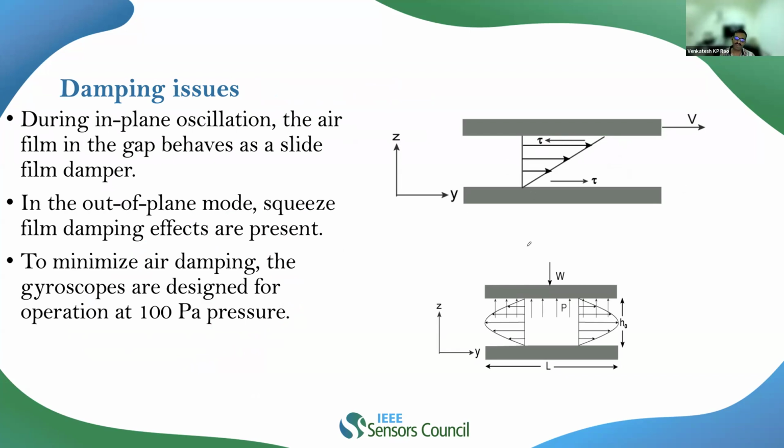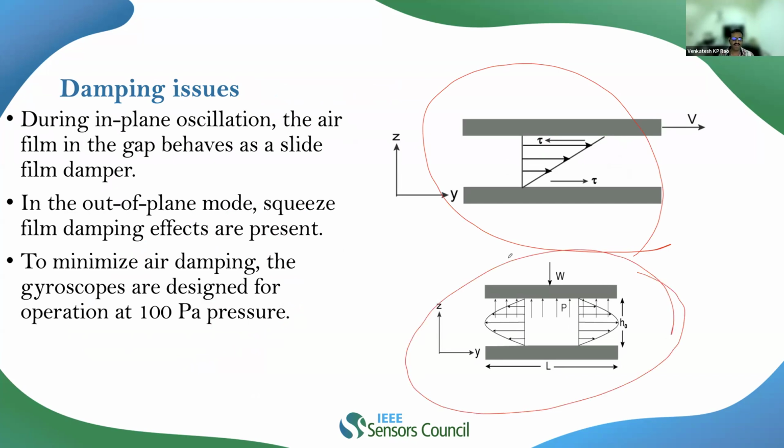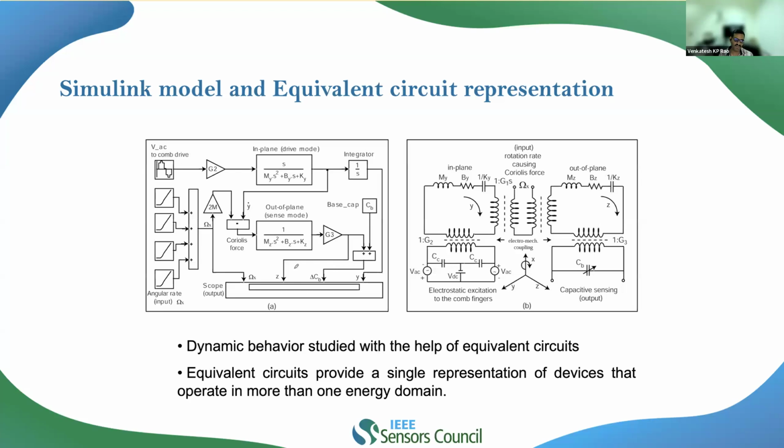The drive direction will most of the time be dictated by the slide film damping, and then the sense direction is dictated by your squeeze film damping. And if at all you have the comb fingers, you can even get the squeeze film damping in the drive direction as well. And you can even develop a completely equivalent Simulink model.